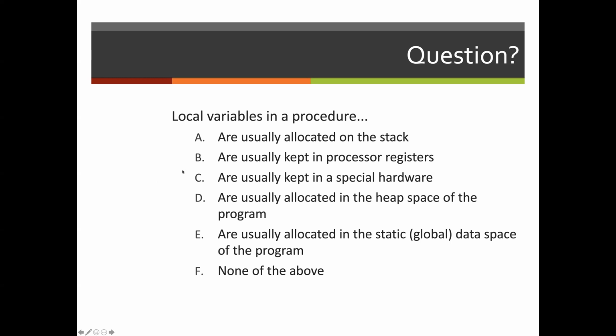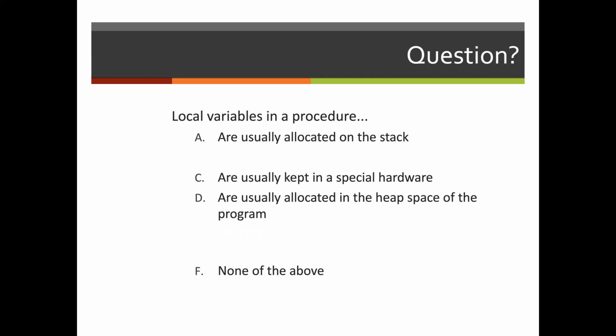Well, we can mark out that they are not going to be allocated in the processor registers, right? We can also rule out that they will not be allocated in the static global data space of the program. What are some other things that we can rule out? We know that they will not be allocated in the heap space of the program.